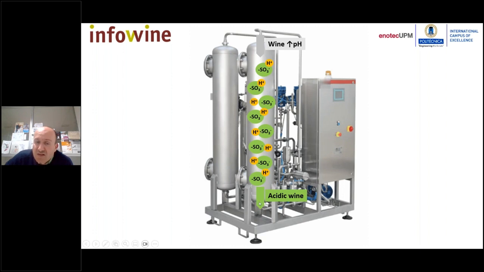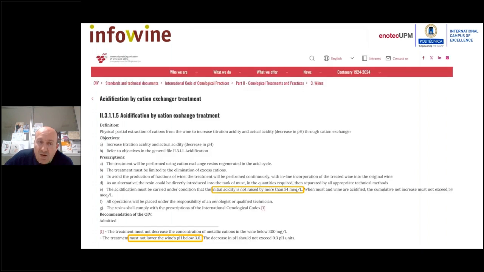It's really effective. It's really easy to decrease the pH even lower than 3. The only problem is that these treatments are normally quite aggressive and affect not only the pH, but also the aromatic compounds and the tannin and color structure.